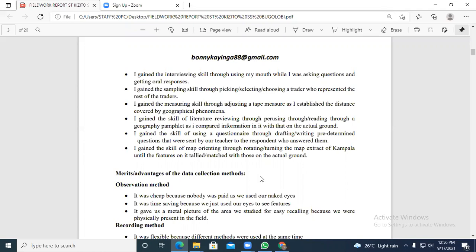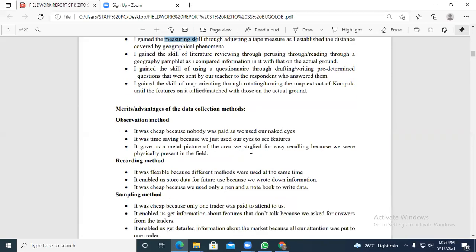Even all methods are skills, but you have to bring in the present continuous tense, like interviewing skill, not interview skill, not measurement skill, but measuring skill, interviewing skill, map orienting skill, not map orientation. Are you getting me there?